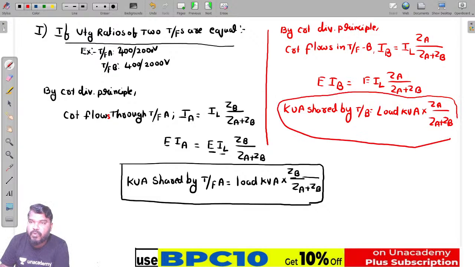This is the kVA shared by transformer A and transformer B. All of it clear now?